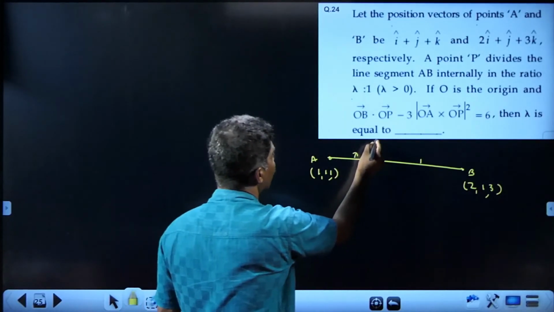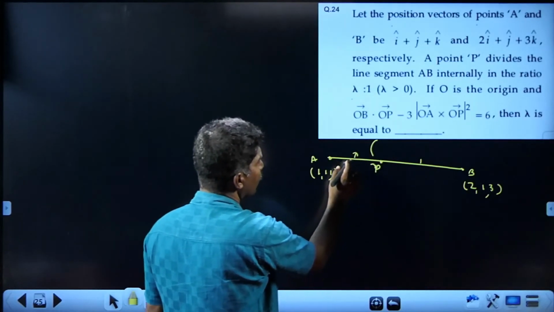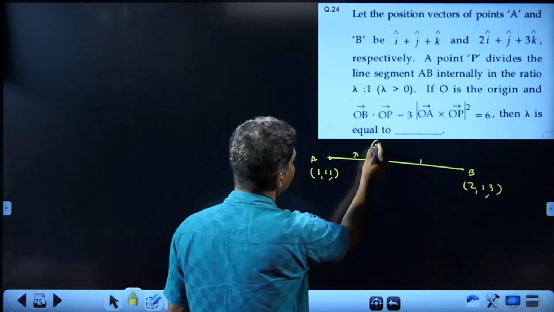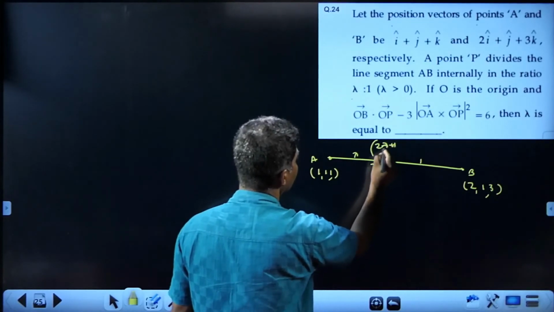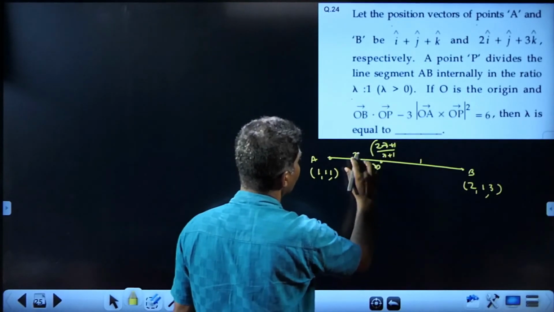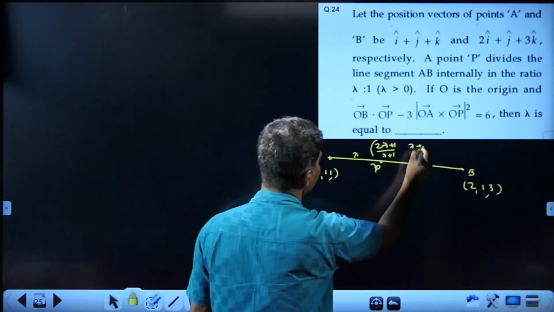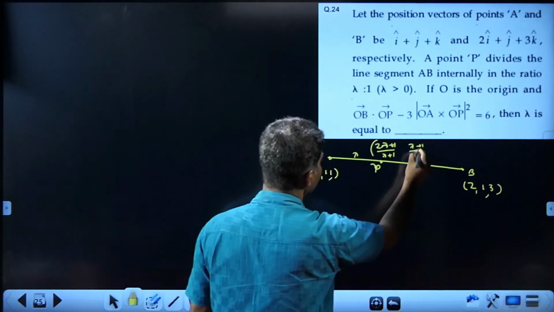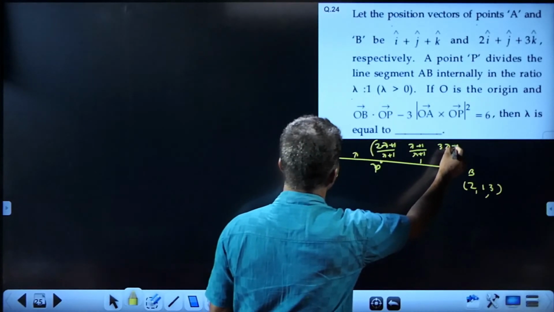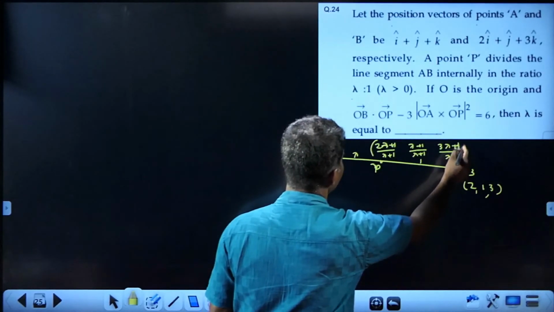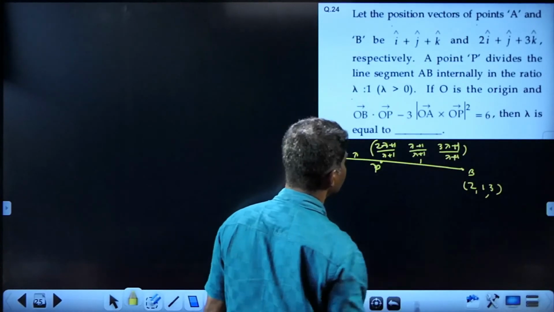Using the division formula, P is equal to 2 lambda plus 1 divided by lambda plus 1, and lambda plus 1 divided by lambda plus 1, actually that is 1, and 3 lambda plus 1 divided by lambda plus 1, using the internal division formula.